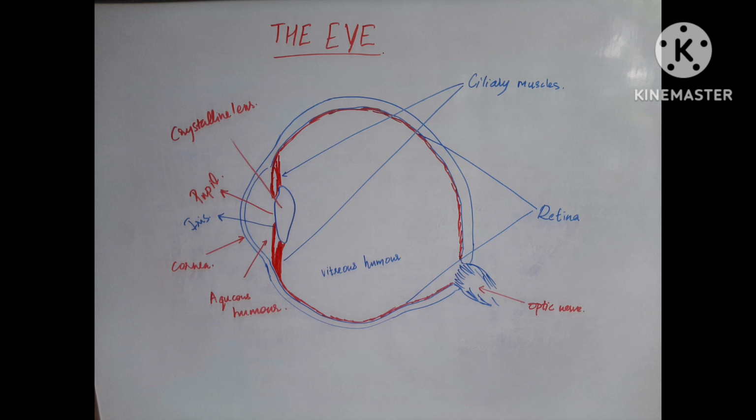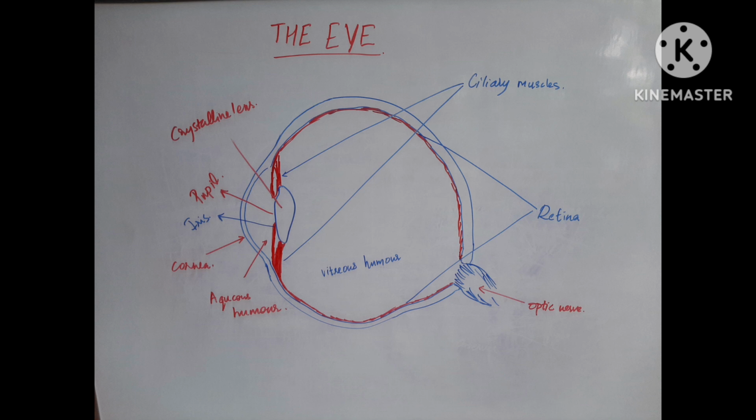So the ciliary muscles adjust in this way to get a clear image. When the ciliary muscles get tightened, or are not relaxed, the focal length changes, and according to the change in this focal length, the image will focus on the retina. This is the process of formation of image.